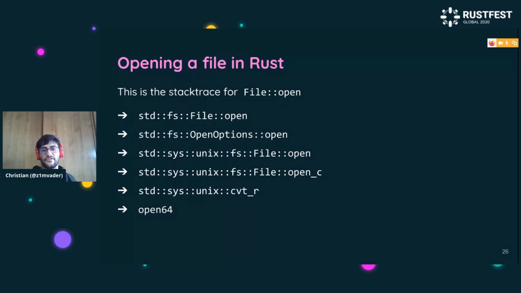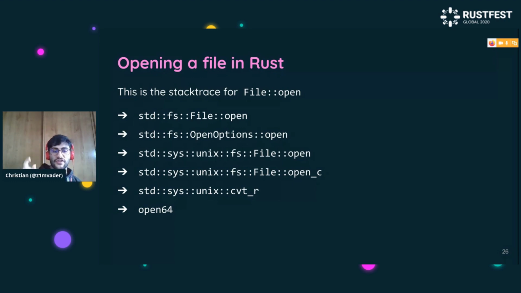For example, this is the stack trace when you call File::open, the standard library function for opening files. There are 6 functions here. The first two are Rust functions in the standard library. They are platform independent, so this works on any platform: Windows, Linux, macOS, whatever.